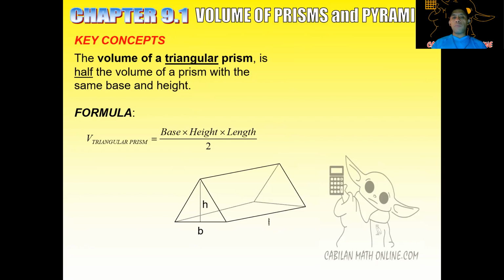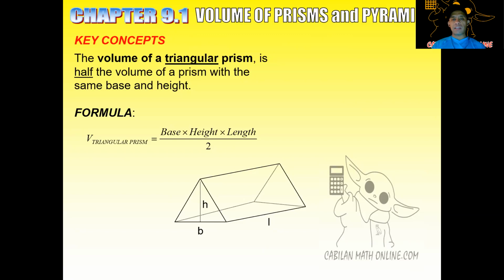The length would be the other measurement, on the rectangular face. Just to break down the parts, a triangular prism consists of two triangular faces and three rectangular faces.